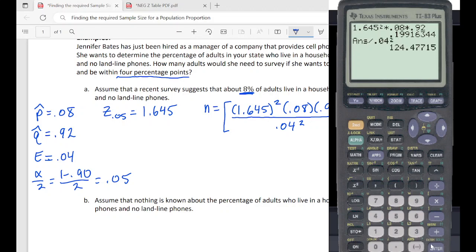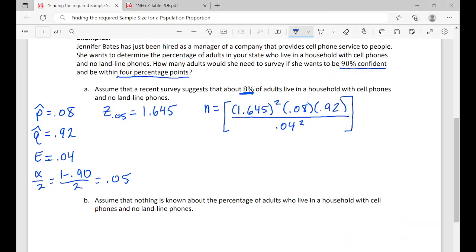And that's going to give us 124.47. So we need to actually round that. I'm going to say that this is 125. So how many people do we need to get in our survey? 125.